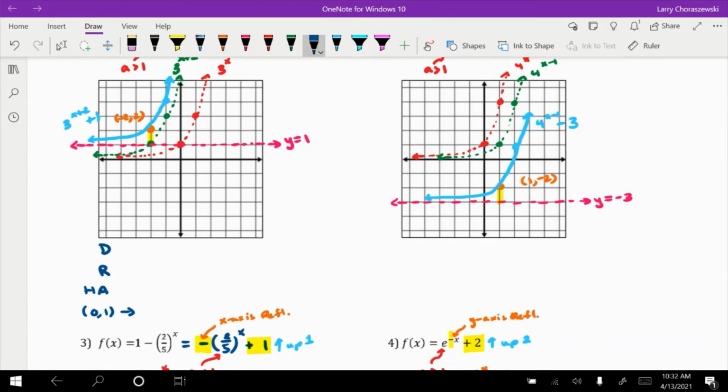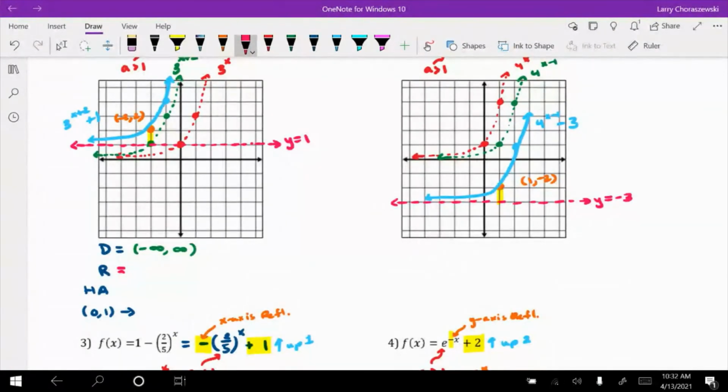Okay, so for domain, don't let this trip you up. Remember, the domain of all exponential functions is all real numbers. It's because these things widen out in both directions forever and ever. As for the range, keep in mind we can use the horizontal asymptote to help out with range.